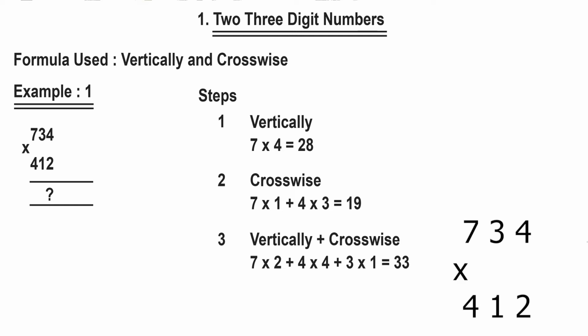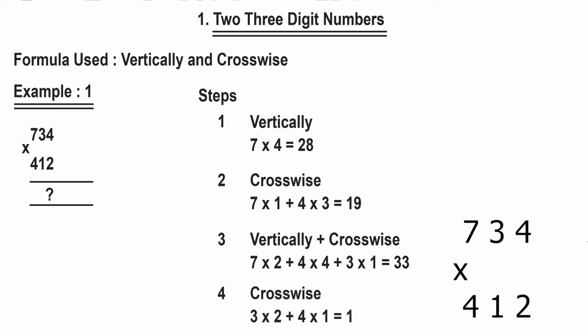Now, according to our formula, we move further right on the multiplicand, that is 734, and begin our calculations with the number 3. As explained in vertically and crosswise, with all digits other than the leftmost digit of the multiplicand, calculations will begin with the corresponding digit in the multiplier.